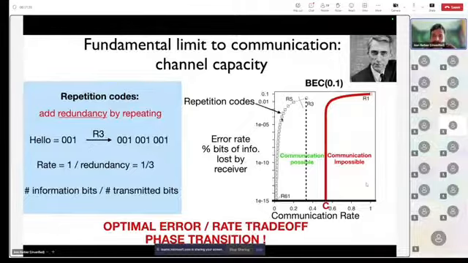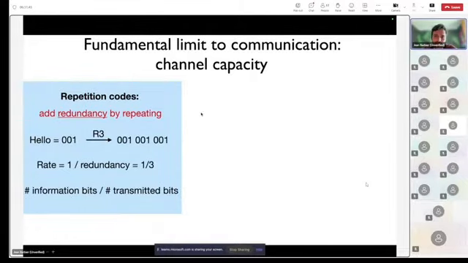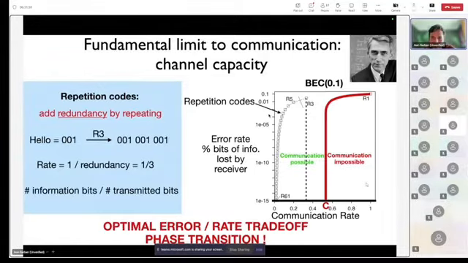If the probability of erasure is 10%, this repetition code with a third rate will attain a certain error which is there. R3 is here. This is the communication rate of a third. With a third rate, you can attain an error which is somewhere there. So you can go from 10% of the bits erased to something like half of this.